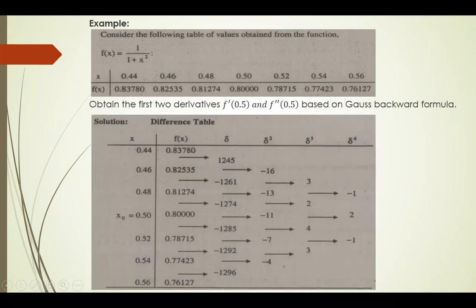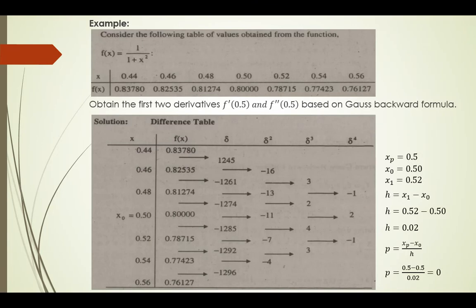A table is constructed. This is the old story. How could we identify xp? This is xp, xp and x naught are same, this is x1, so xp, x naught, x1 are there. We have calculated h by this manner, calculated p, which is 0.